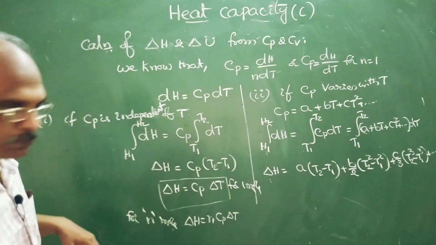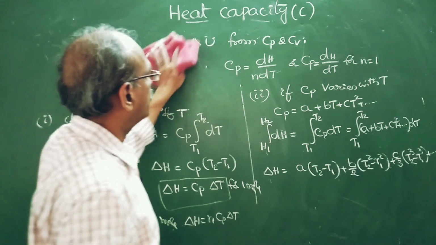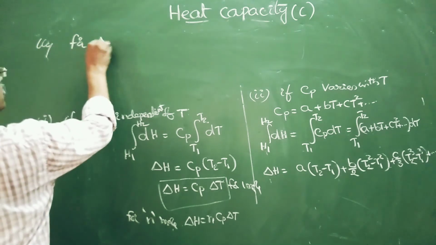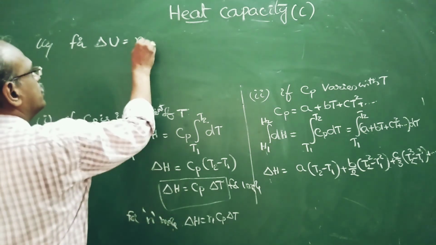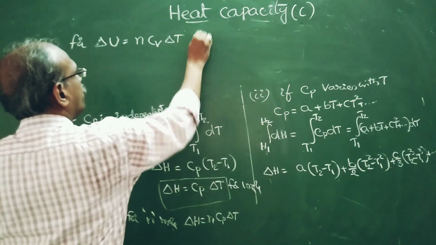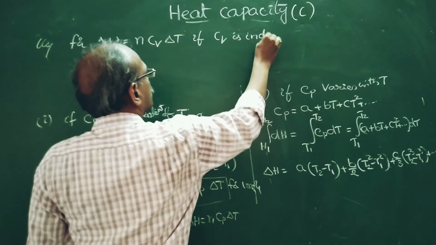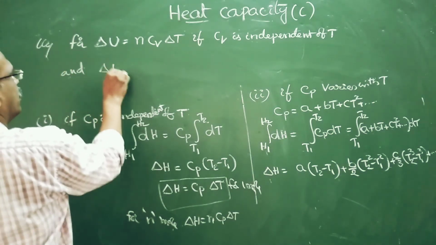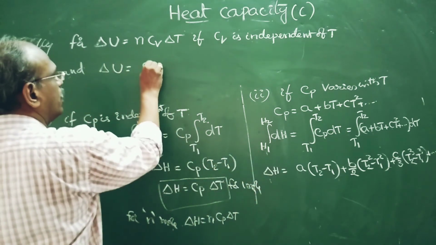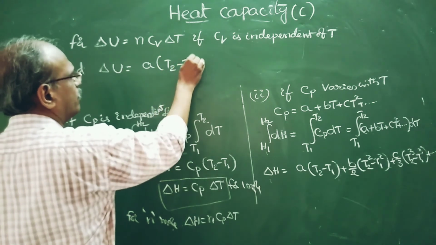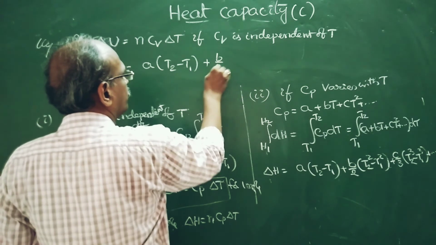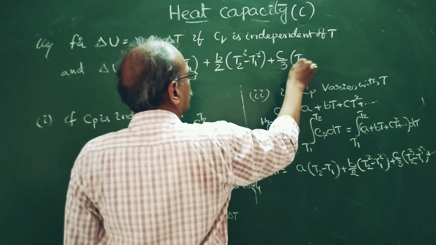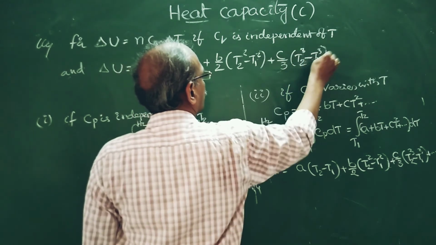In a similar way, we can write the formulas for delta U: nCv delta T if Cv is independent of temperature, and delta U is equal to a similar formula, A into T2 minus T1 plus B by 2 into T2 square minus T1 square plus C by 3 into T2 cubed minus T1 cubed plus so on.